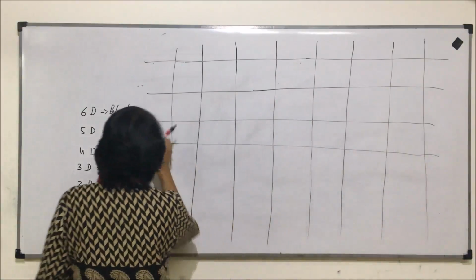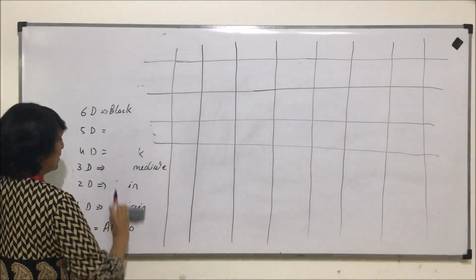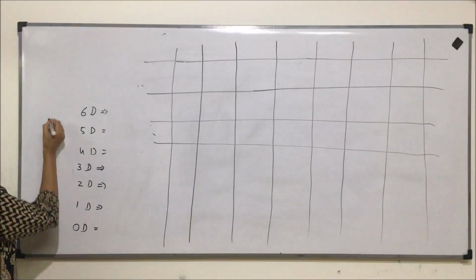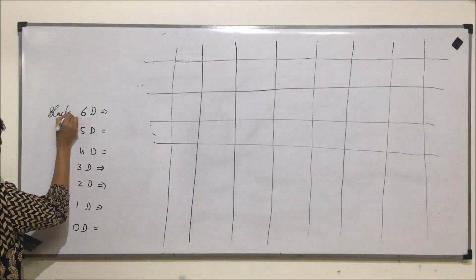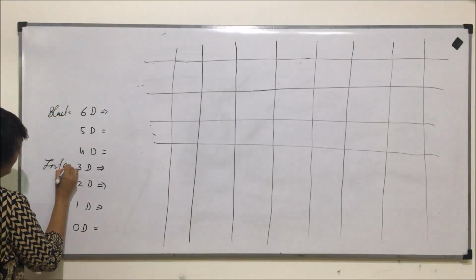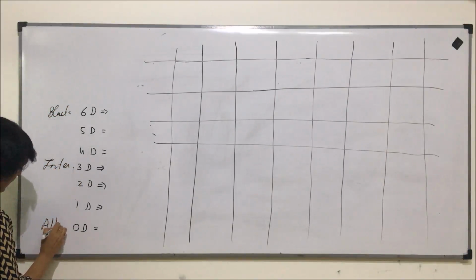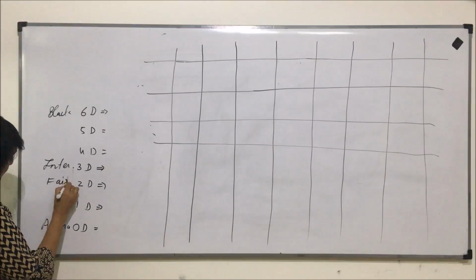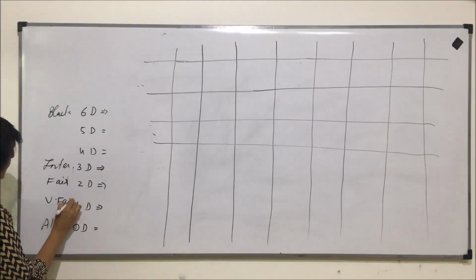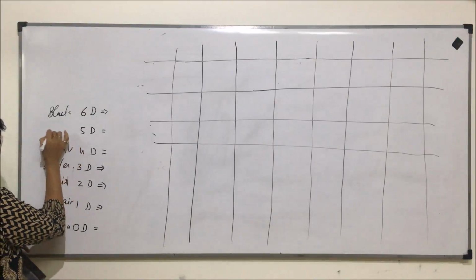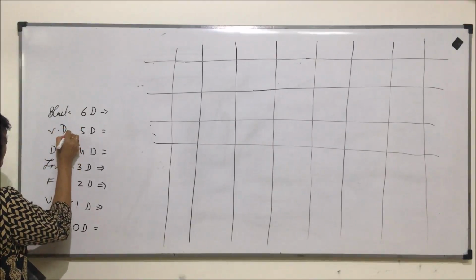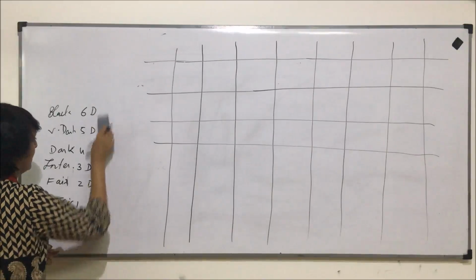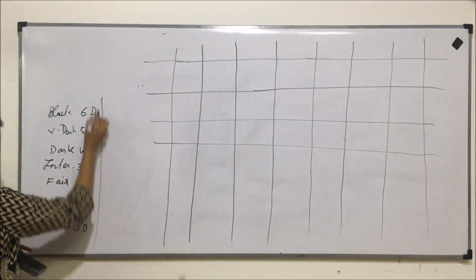Or maybe, I will shift this on the other side so that we get this space also. This will be black. This is our intermediate. These are albinos. This is fair. This is very fair. This one is dark, and this is very dark. So we get this space also. Okay, so this is our key.